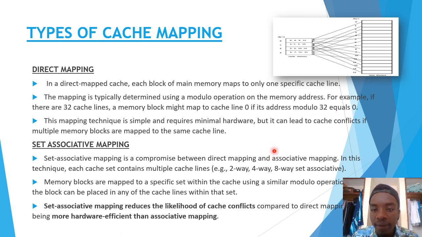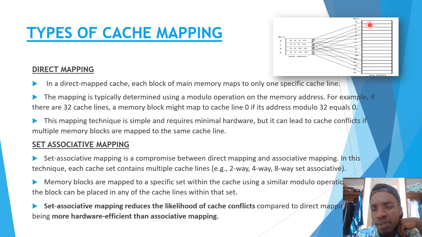As we are seeing here, assume the cache size is 16, so it means we shall be having words from 0 to 15, and assume the number of lines is 4, so we shall be beginning from 0 to 3. So if the cache line is 0, it will be mapped to the memory block of 0. Assume this is a memory size of 64.